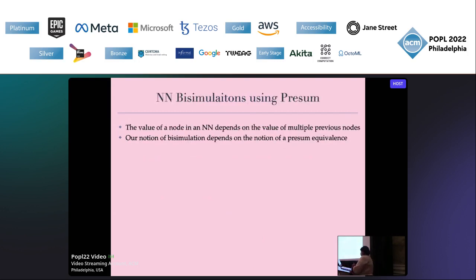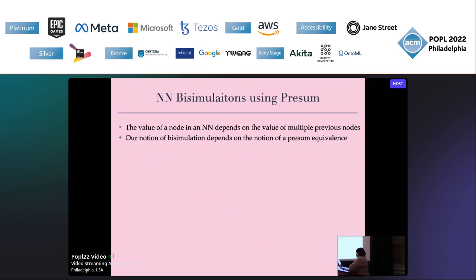Now coming to our neural networks, observe that the value of a node in the neural network depends on the values of the nodes in the previous layer. So our notion of bisimulation is also slightly different in order to enforce the semantic equivalence.